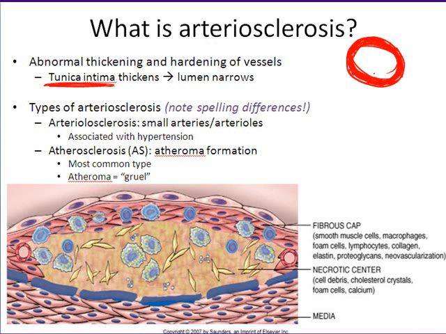And I want you to be very careful to note the spelling differences between these 2 and to be very careful in your distinction between them, because they are distinct and separate diseases. These are both subtypes of arteriosclerosis. The first one, arteriolosclerosis, is when small arterioles, those are the small arteries, end up thickening.